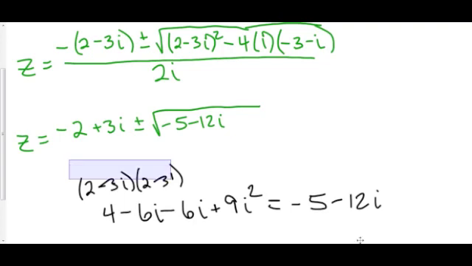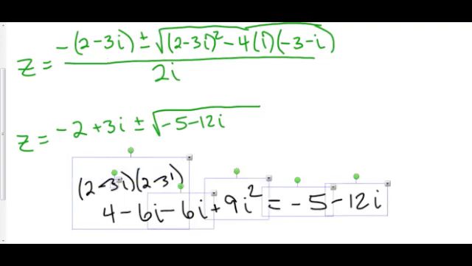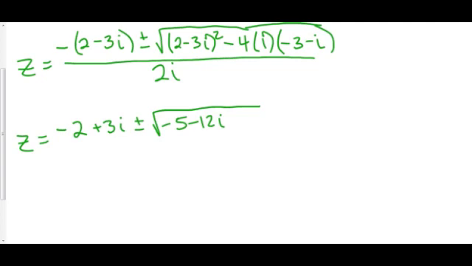Let's get rid of all the stuff on the bottom, since we don't really need that anymore. Minus 4i times negative 3 is positive 12i.